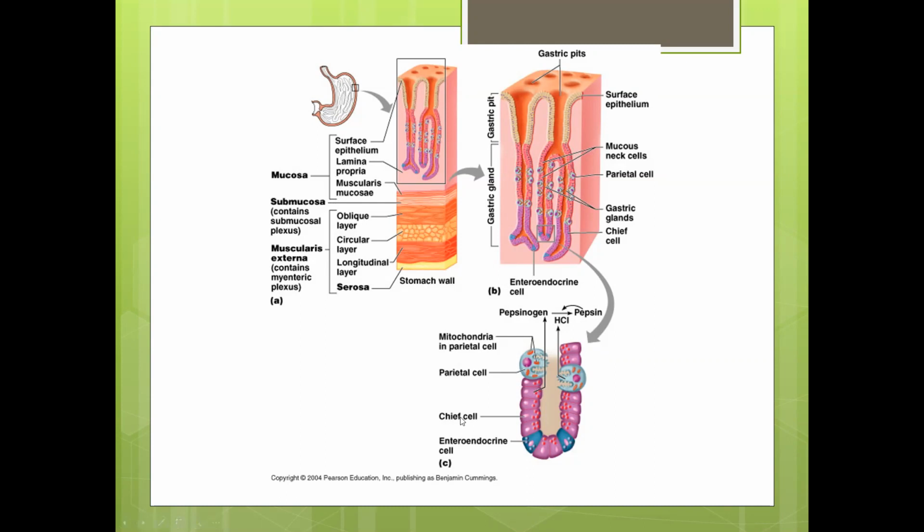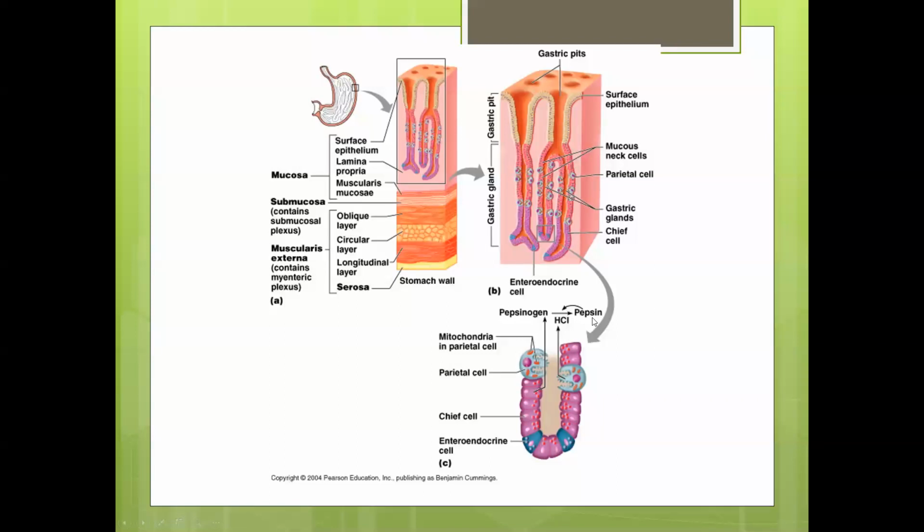So the parietal cell, I don't know how you want to remember that. It's on the edge. They're all on the edge. Anyway, this parietal cell is going to produce hydrochloric acid. Remember that. It's also going to produce intrinsic factor, which we'll discuss in just a minute. The parietal cells produce the hydrochloric acid necessary to provide the proper pH for the conversion of pepsinogen to pepsin.